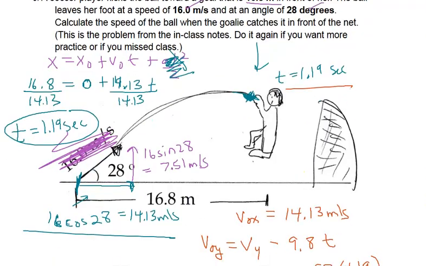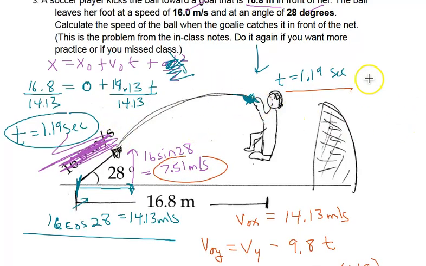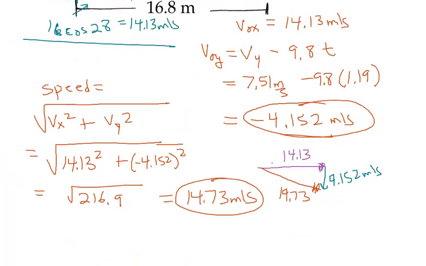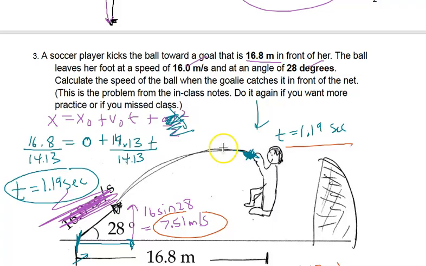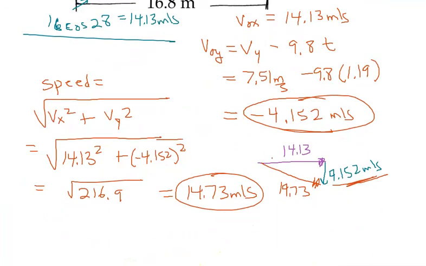So it started heading up at 7.51. So this is close-ish to the peak. Or maybe not close to, like this 4.152. It's had some time to gain speed on the way down, right? Because closer to the peak would be like a Vy of negative 0.4 or something. Negative some small number. Anyway, I am babbling. That is how you do the problem.